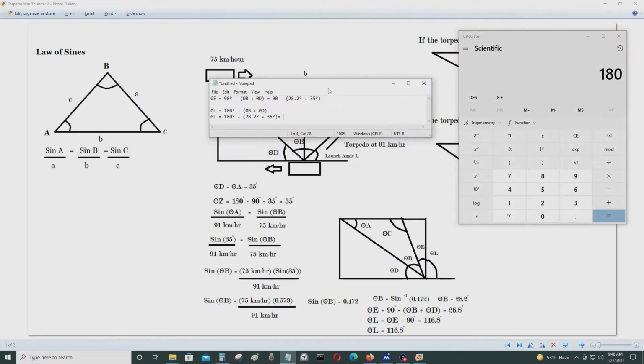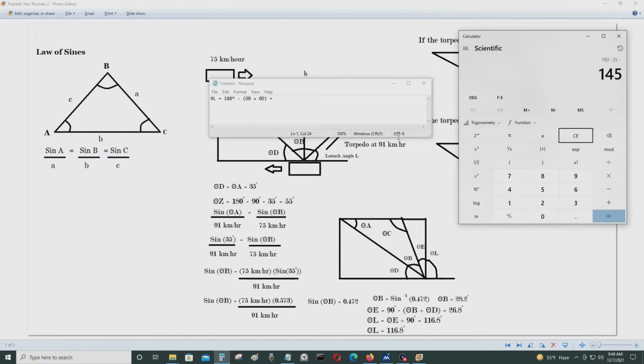So I'm going to solve that. I'll call it theta L. Theta L is equal to 180 degrees minus theta B plus theta D. So 180 minus theta D, which I said earlier is 35 degrees.